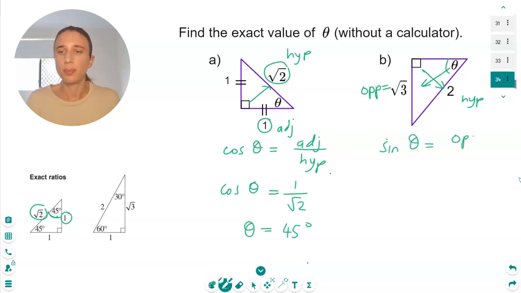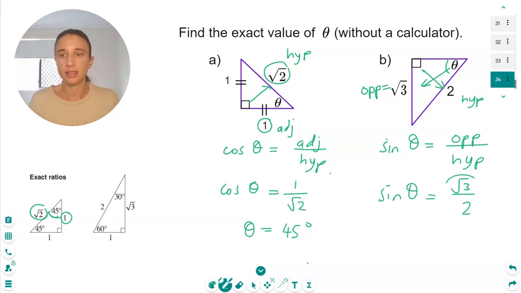Sine theta is opposite over hypotenuse. Sine theta is root 3 over the hypotenuse, which is 2. And I remember that those side lengths look familiar because they're in our exact ratios triangles. So I would select this triangle, the second one, and then I've just got to work out, okay, where does sine theta equal root 3 on 2?